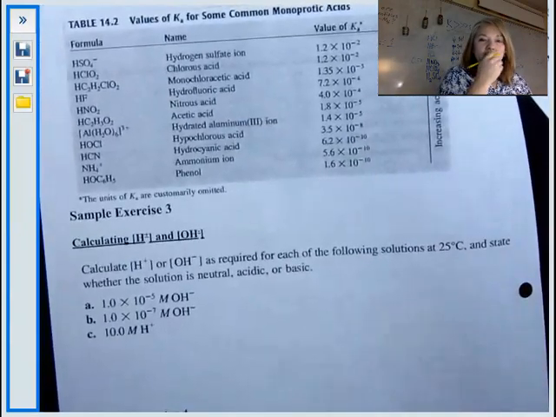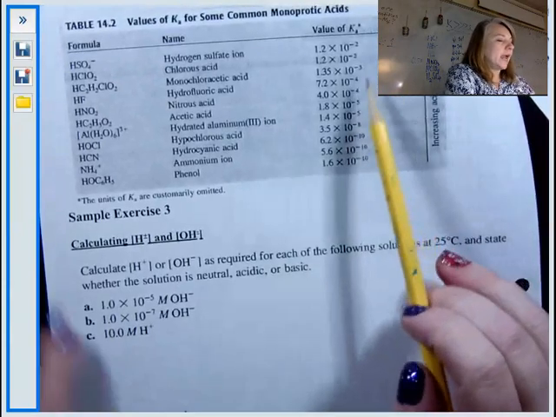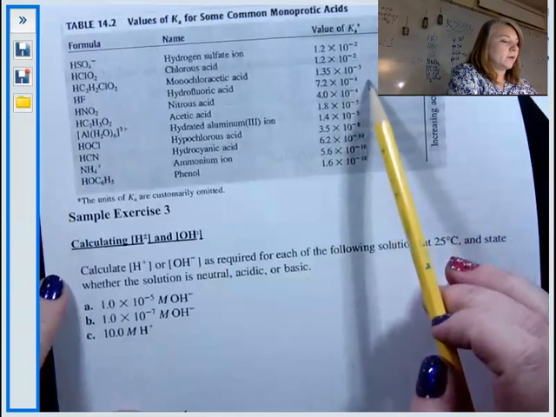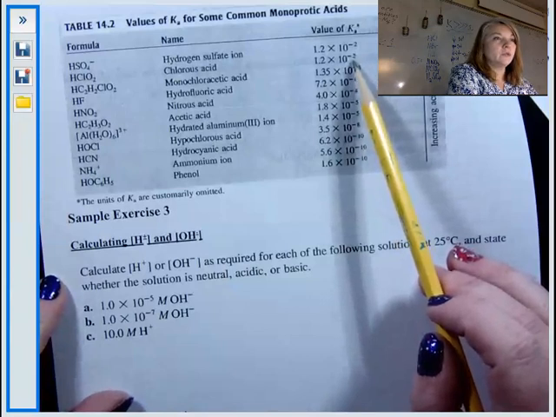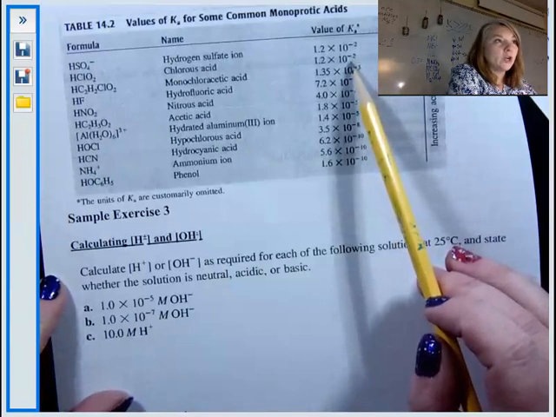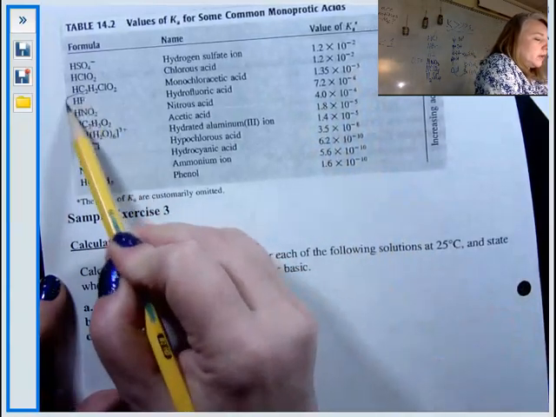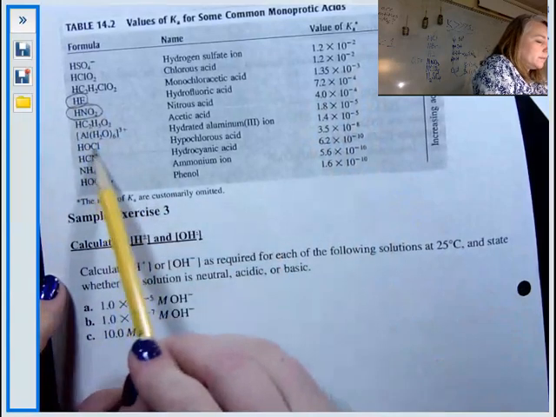All right, what you've got to look at is the value of your Ka to determine how strong your acid is. Okay, remember, the bigger the Ka value, the stronger it is, which would make a weaker conjugate. So let's find them on here. You got HF, HNO2. What was our other one? HCN.